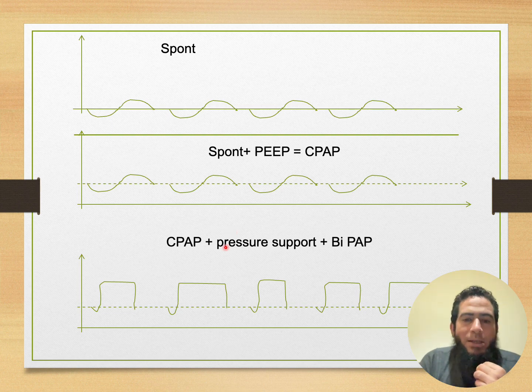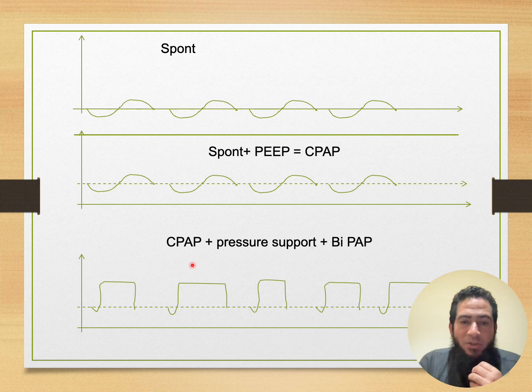So increasing the breathing rate in a patient who is awake and can breathe will not change anything. It will not change your minute ventilation, because that's all determined by the patient. The breathing rate you are setting is just a backup mode.